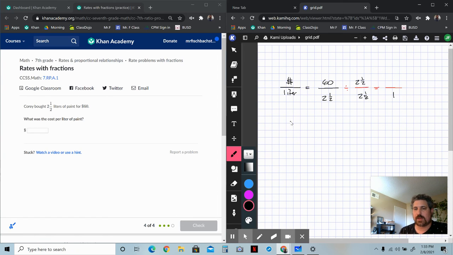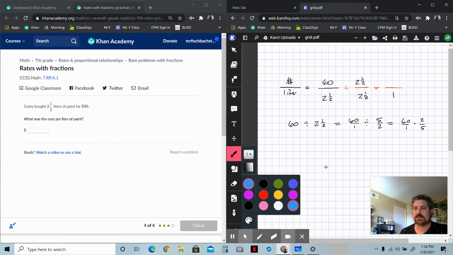So all you're doing mathematically is 60 divided by 2.5. Now, when we do 60 divided by 2.5, I think the easiest way to do that is to do 60 over 1 divided by the top-heavy fraction here. 2 times 2 is 4, plus 1 is 5. So we're looking at 5 halves there. And then you're going to change the division to multiplication. So that's 60 over 1 times the reciprocal of 5 halves, which is 2/5.